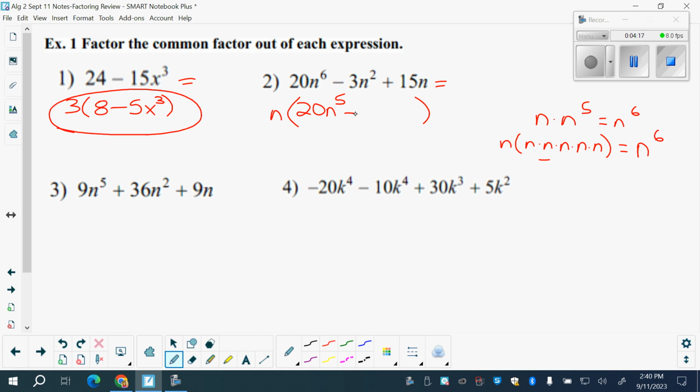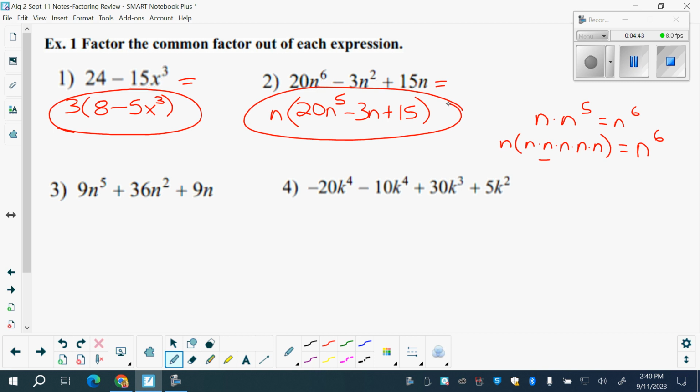What is it? Yes, negative 3n. So again, negative 3n times n gives you the negative 3n squared. You add those exponents, 1 plus 1 gets you back to the 2. And then n times what gives us 15n? Positive 15. Isn't that right?